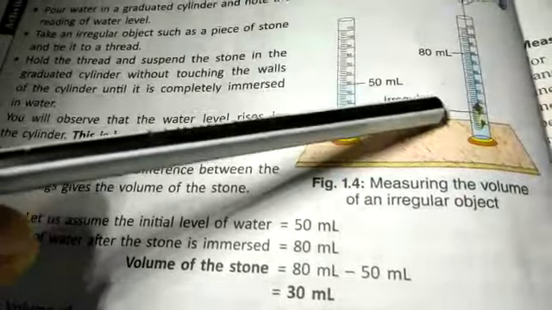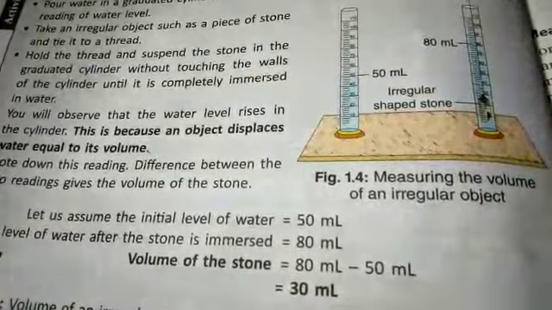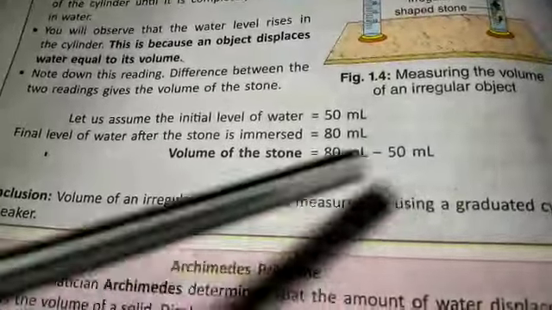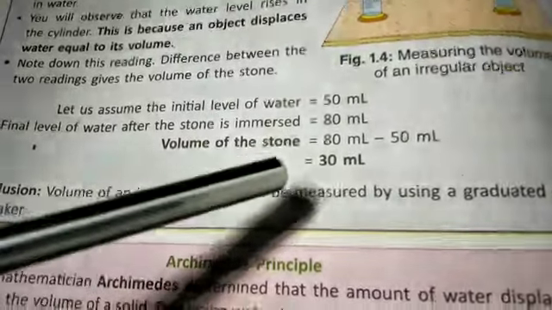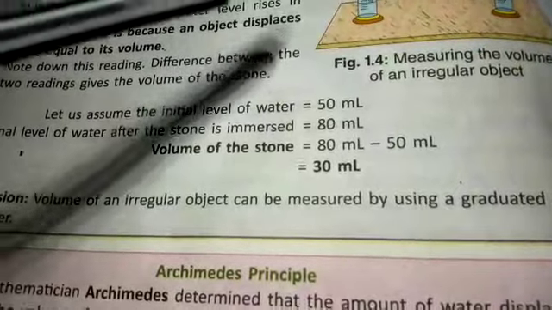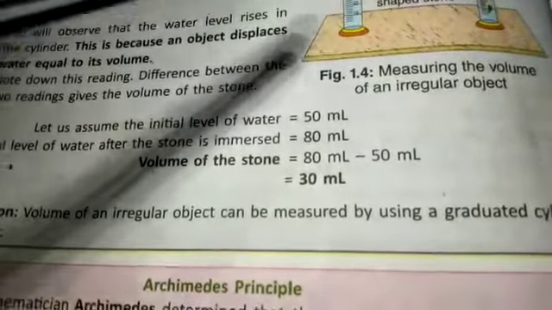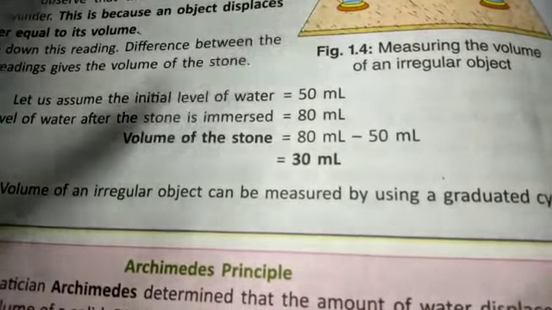So the volume of the stone is 80 ml minus 50 ml, that equals 30 milliliter. In this way we are able to measure the volume of a key, a screw or a different stone.